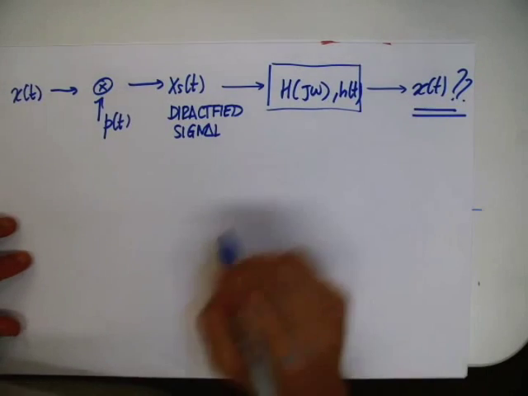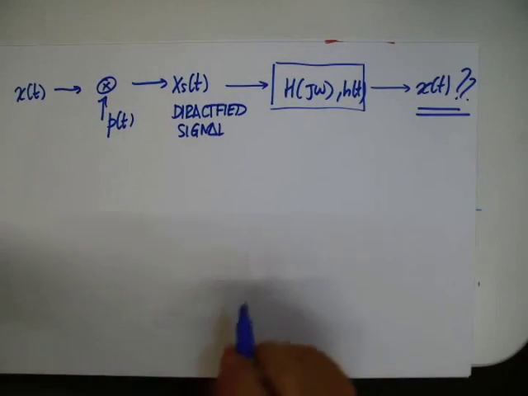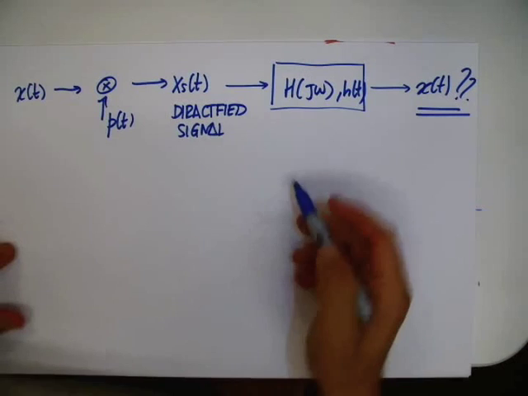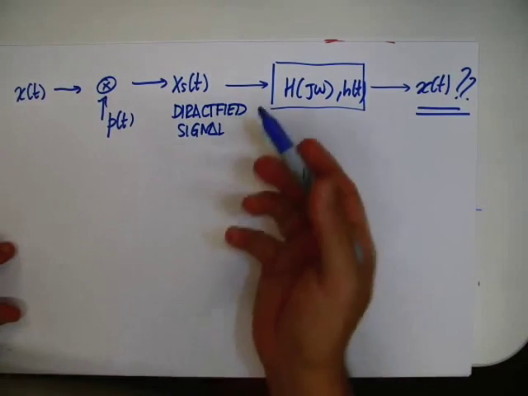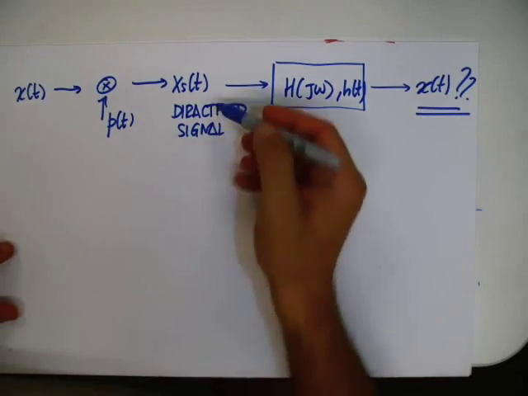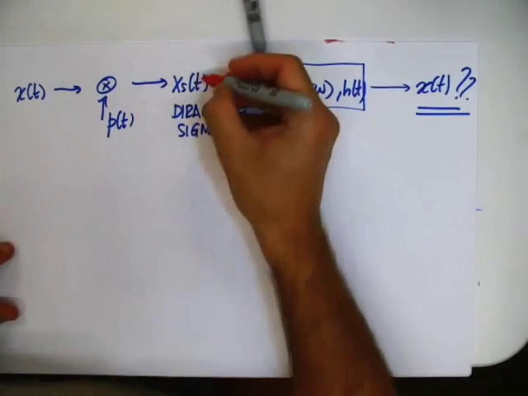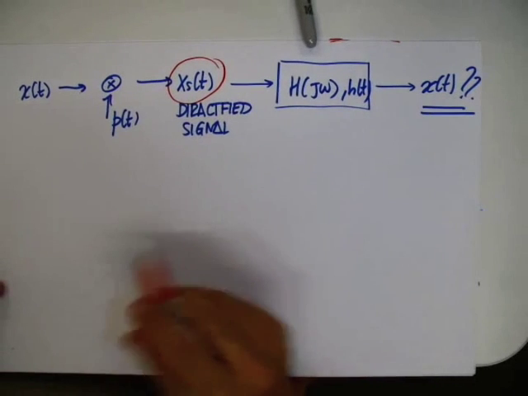But we need to understand what are the conditions under which this occurs, and what is the shape of the filter. And to do that, we need the Fourier transform of this signal.